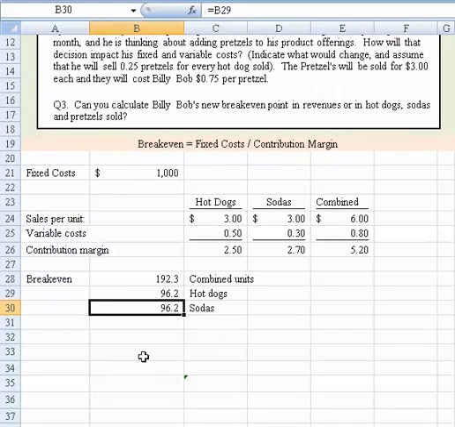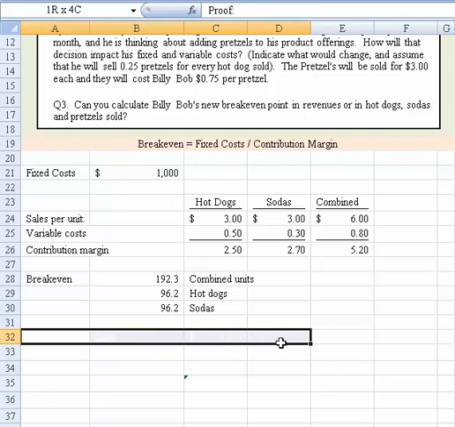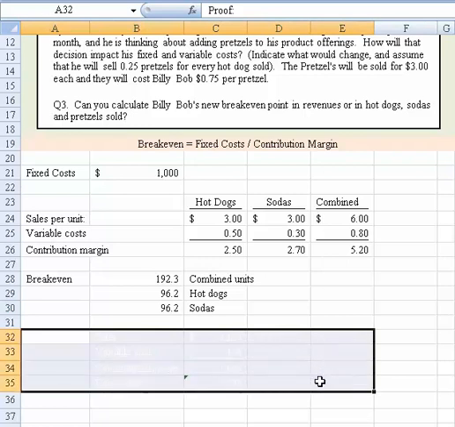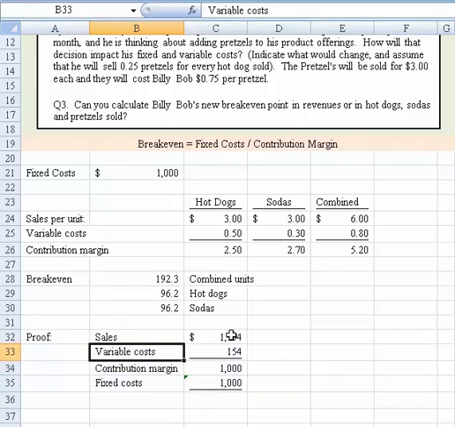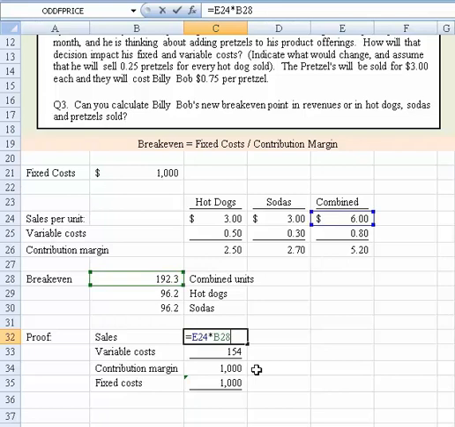Okay, but now let's prove that truly is the break-even in units. So we can calculate it in dollars. What we see is break-even sales would be $1,154 per month. How did I determine that? I took the combined units times the sales per unit.